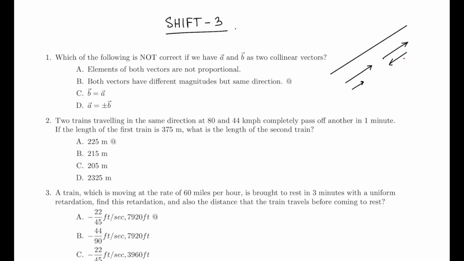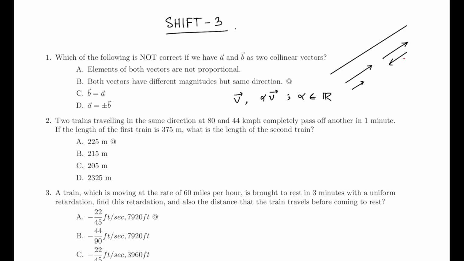So the elements of both vectors are not proportional, so this is not a correct statement, because if V is a vector, then alpha times V is parallel to V. Now alpha is any real number, so multiplying alpha by V is same as multiplying each of the components by alpha. So elements of both vectors have to be proportional.